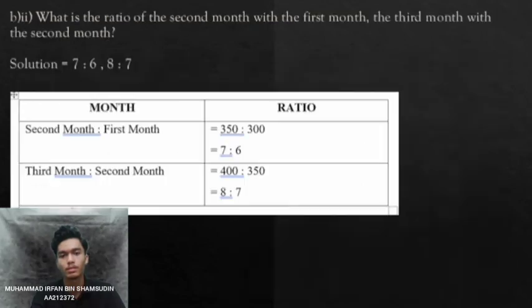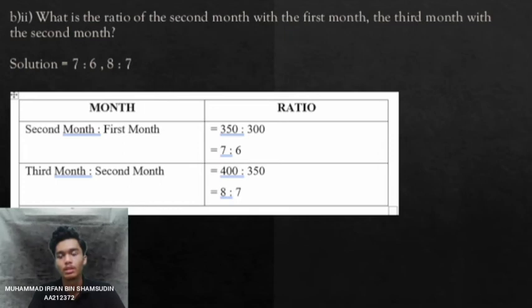Next, question B2. What is the ratio of the second month to the first month, and the third month to the second month? In this question, we know that the second month is 350 and the first month is 300.